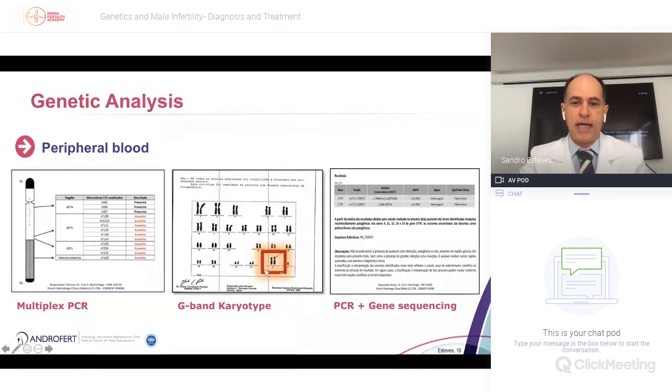Here you see an example of the G-band karyotype in a patient with Klinefelter syndrome. We have 2 X chromosomes and 1 Y chromosome. This is a typical report you see from a patient with Klinefelter syndrome.